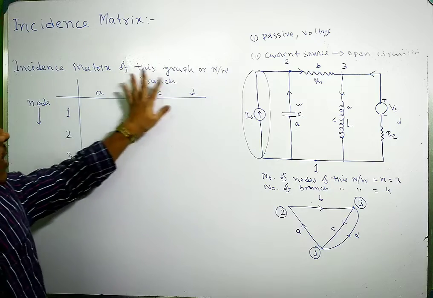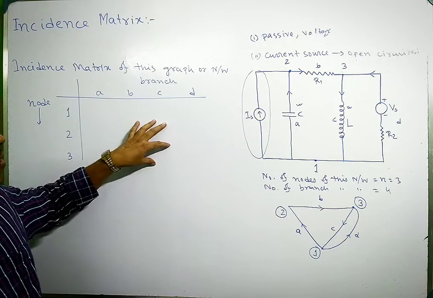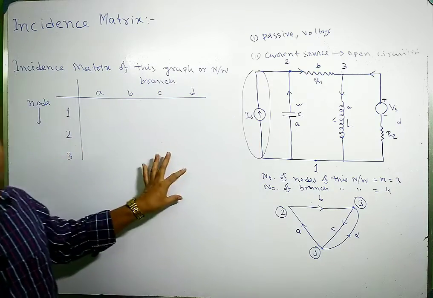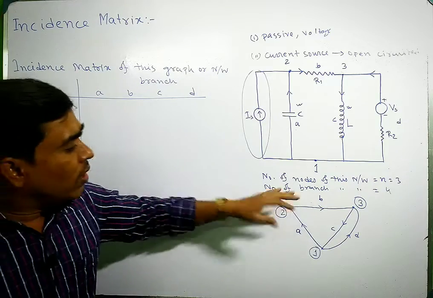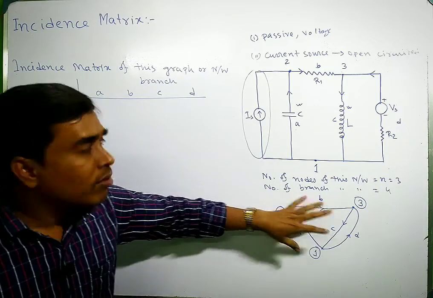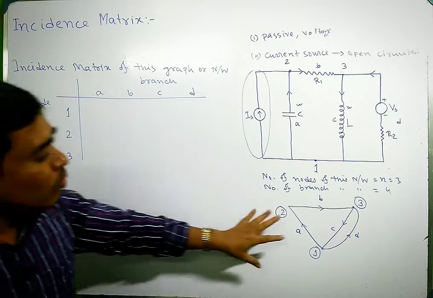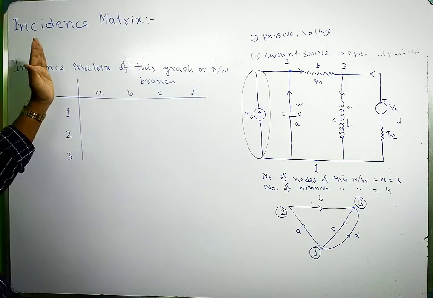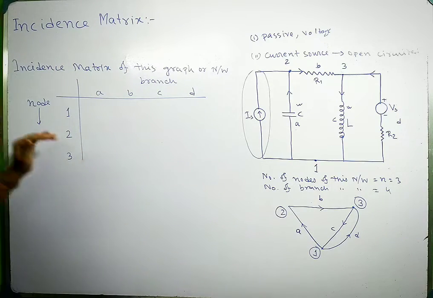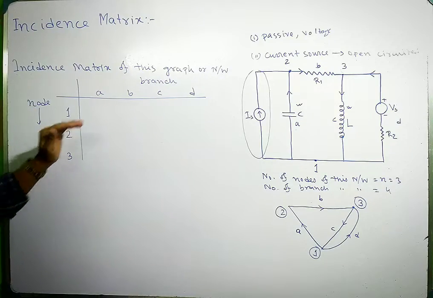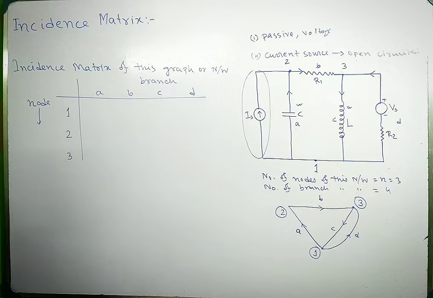So this is the way to set up the incident matrix of a graph: nodes represent the rows and branches represent the columns.